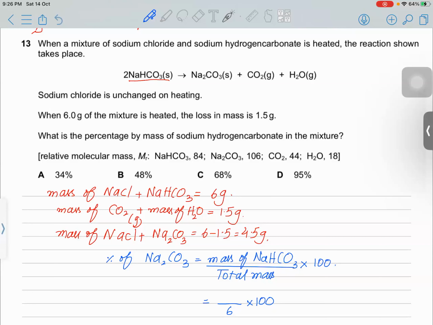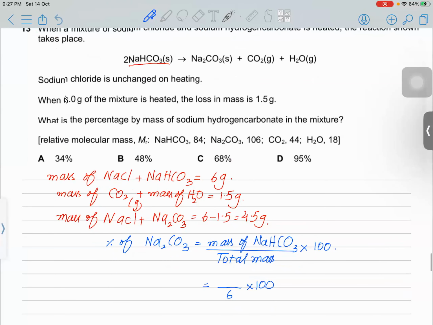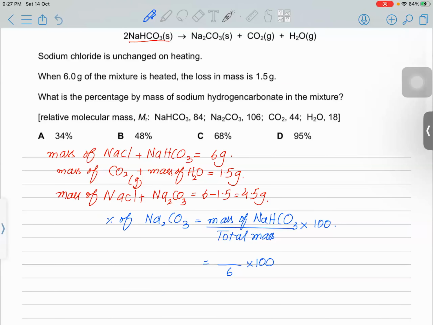No, mass means gram. Oh, gram. So we'll use gram equals mole times Mr. Now I am trying to solve it, right? Now look at the loss is 1.5 gram, right?